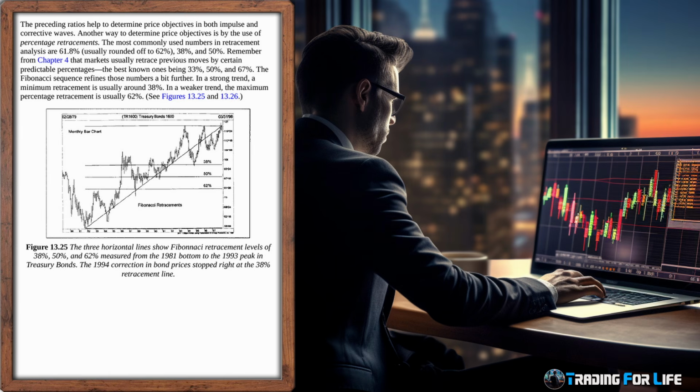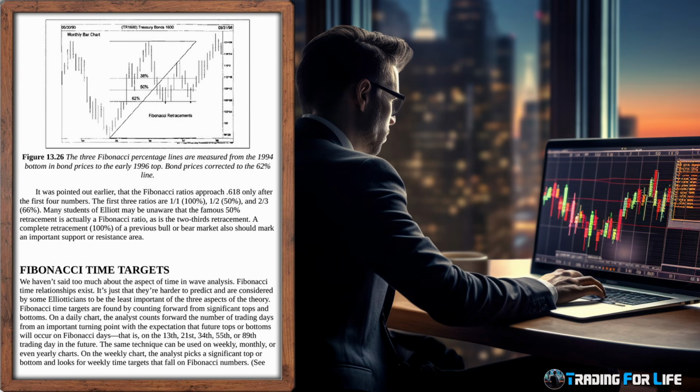Remember from Chapter 4 that markets usually retrace previous moves by certain predictable percentages, the best known ones being 33%, 50%, and 67%. The Fibonacci sequence refines those numbers a bit further. In a strong trend, a minimum retracement is usually around 38%. In a weaker trend, the maximum percentage retracement is usually 62%. See figures 13.25 and 13.26.